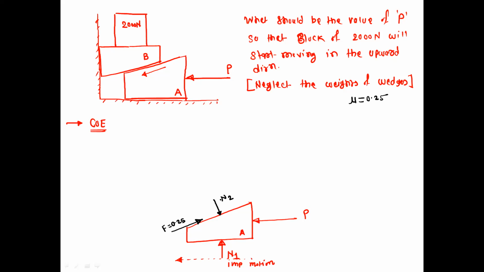It is a common normal reaction for this surface and for the surface of wedge B. So F is equal to 0.25 into normal reaction N2. At the first contact surface, where we have the normal reaction N1, this is the friction force exactly in the horizontal direction and opposite to the impending motion. So this value F is equal to 0.25, the coefficient of friction, into the normal reaction N1.